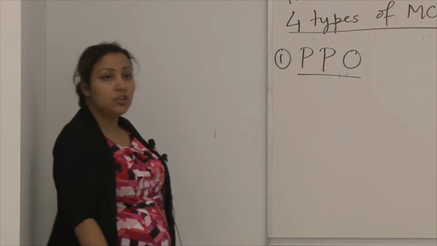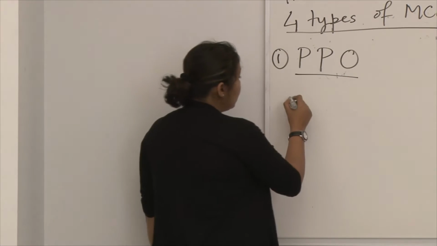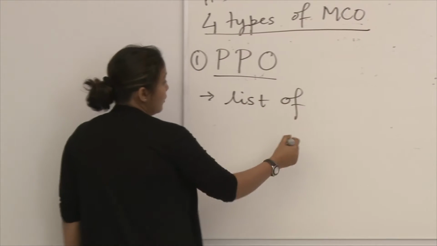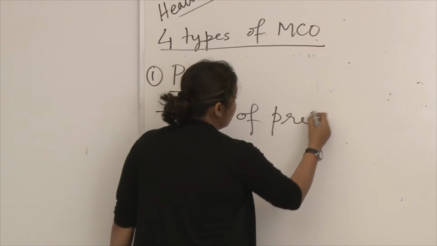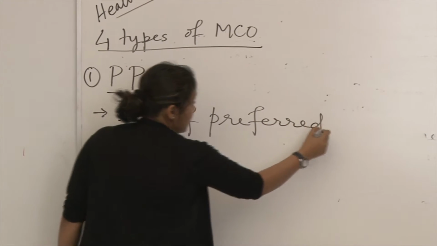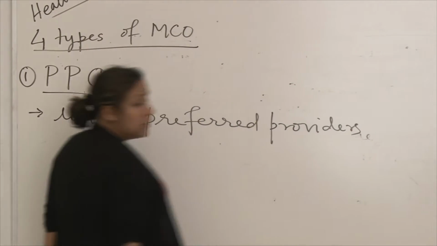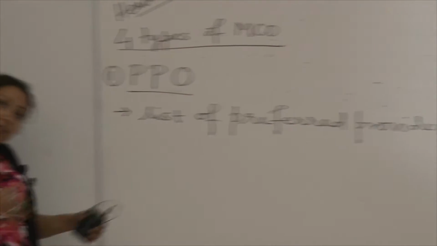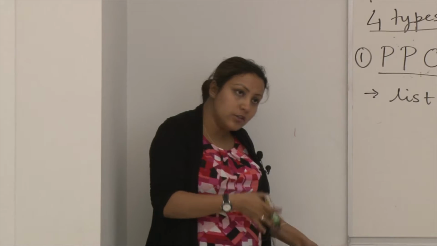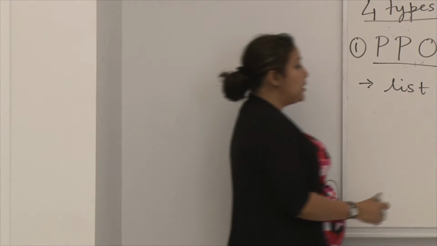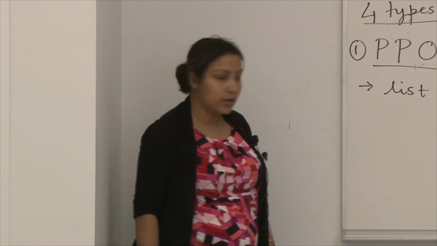is that the health insurance provider creates a list of preferred providers. So they are both parts of the same organization, but the health insurance division creates a list of preferred providers, that means the providers that they prefer for whatever reasons, okay?